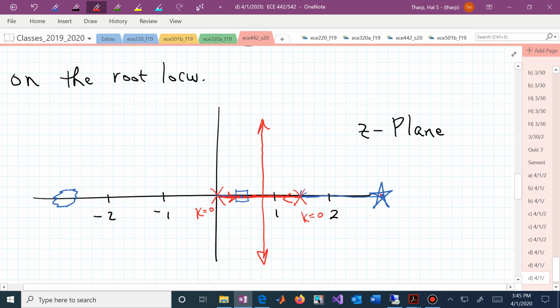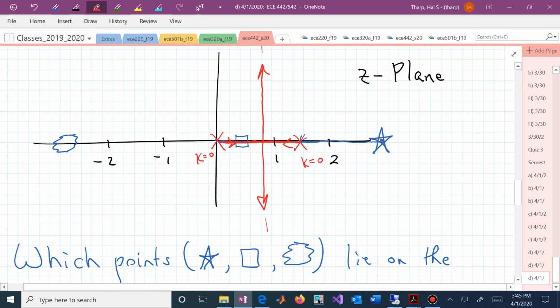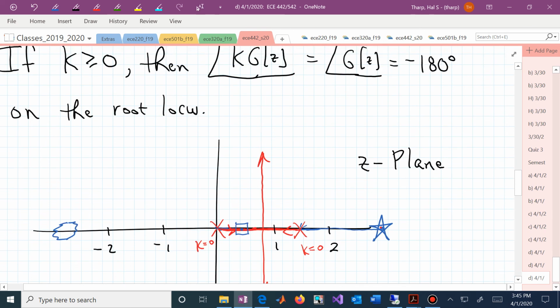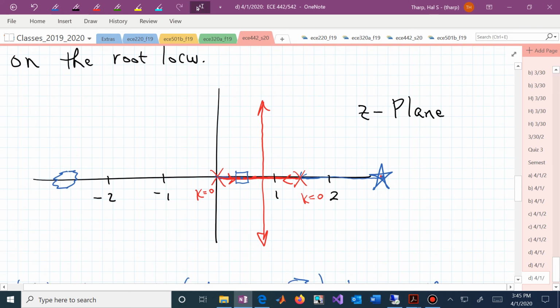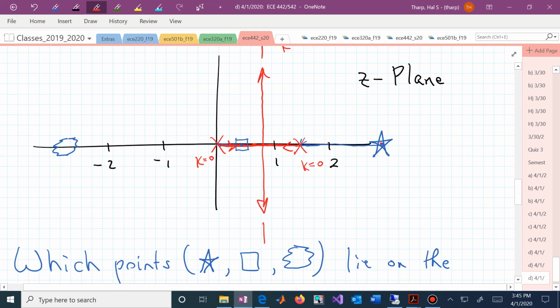This pole goes off to infinity. This pole, as we crank up the gain, goes off to infinity in the negative direction. Those are now approaching zeros at infinity as we adjust the gain k. And so now as k goes to infinity, we're moving there, and we're moving there as k goes to infinity.